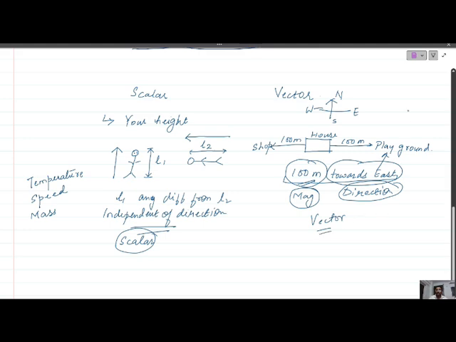For example, displacement, as you will see later, weight, force, and a plethora of other quantities. These are called vector quantities. So, what is a scalar quantity? A quantity where only the magnitude is enough. And what is a vector quantity? Where along with the magnitude, you have to specify the direction also.